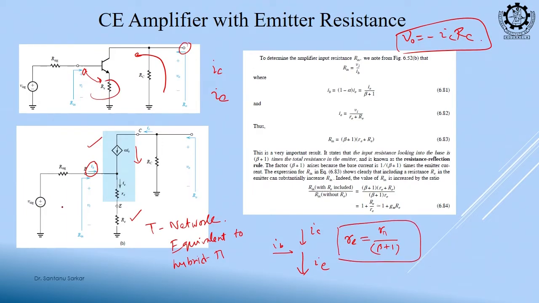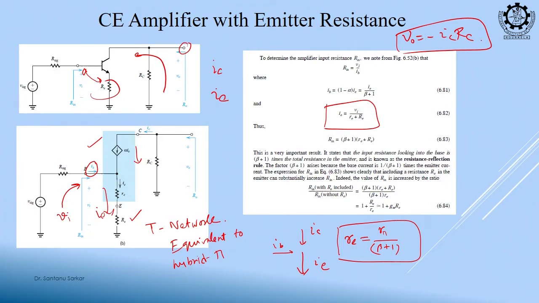So, if I am giving a voltage of Vi and there is a resistance of small RE plus capital RE, what is the current flowing through this? IE is equal to voltage by total resistance. So, Vi by total resistance is small RE plus capital RE, simple.